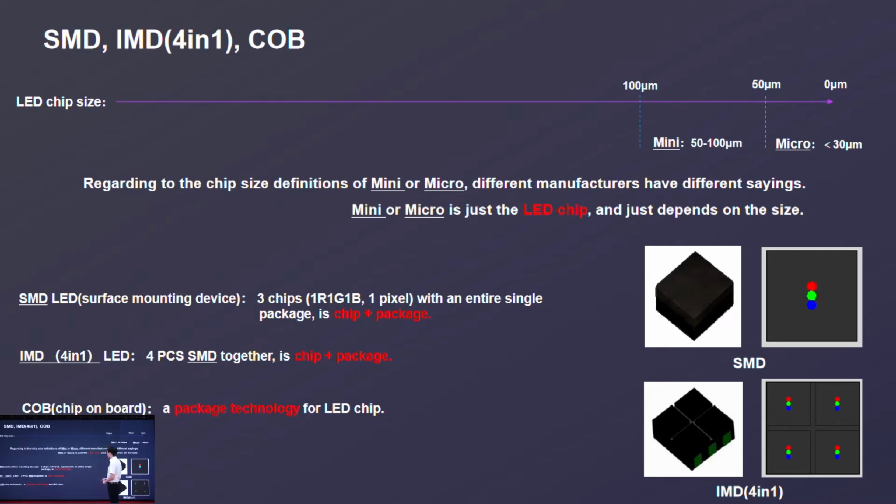Here, we need to clarify some terms about LED chip size and LED technology. SMD, IMD, and COB all belong to LED technology. SMD means surface mounted devices, IMD stands for integrated mounted devices, and COB means chip on board.